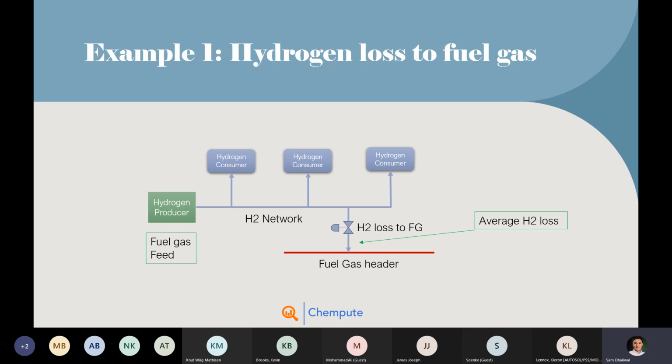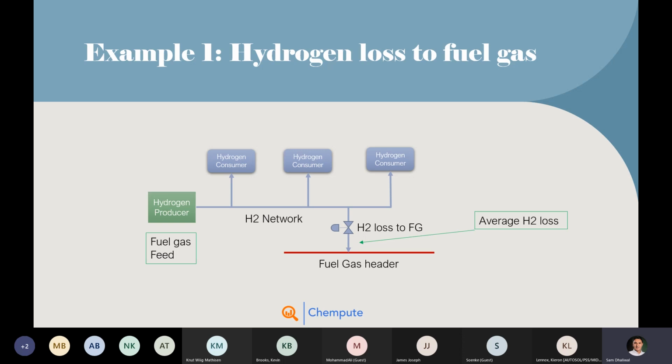You can look at the reduction in fuel gas usage in the reformer, or the reduction in feed to the reformer. And the feed, as we know, is natural gas, so there are benefits there as well. So you can do the calculation from either the reformer side or the hydrogen side.